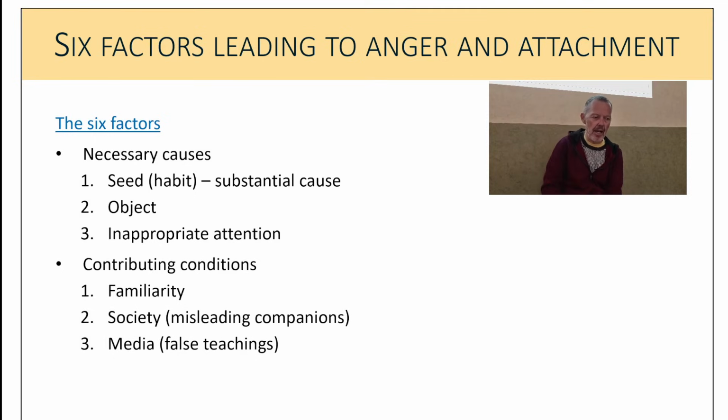The second one is society. In the text, it often talks about misleading companions. And we see this very well. We are very easily influenced by others. So society, people around us, can really contribute to all sorts of mental afflictions arising. But not only people, but the media.